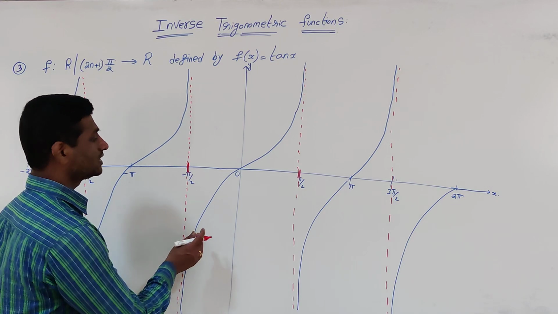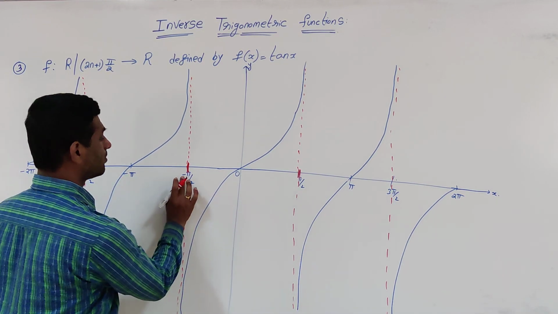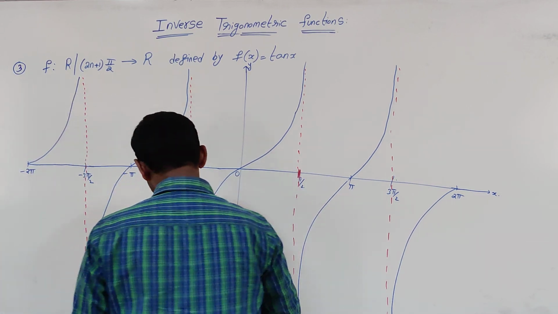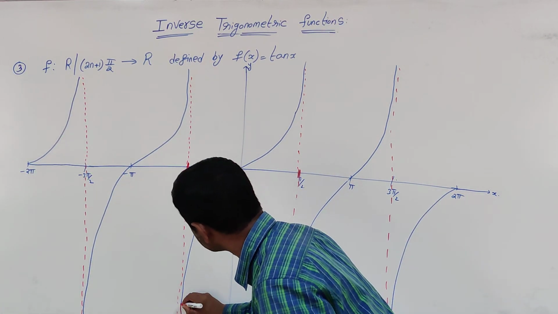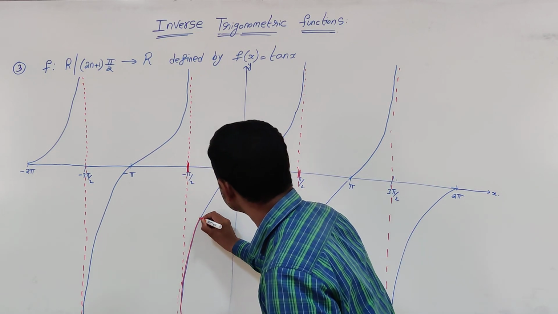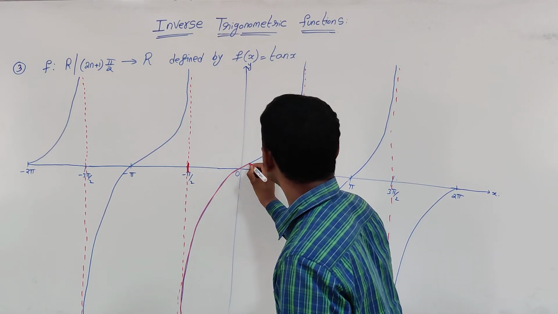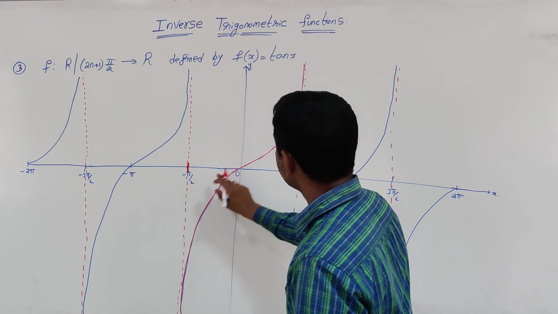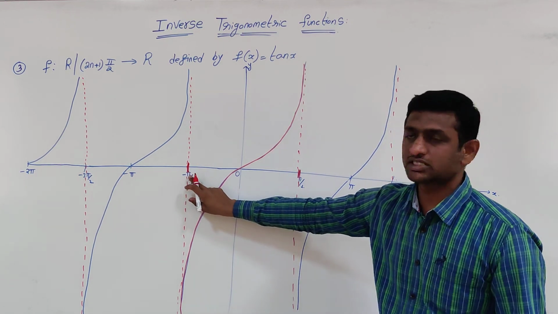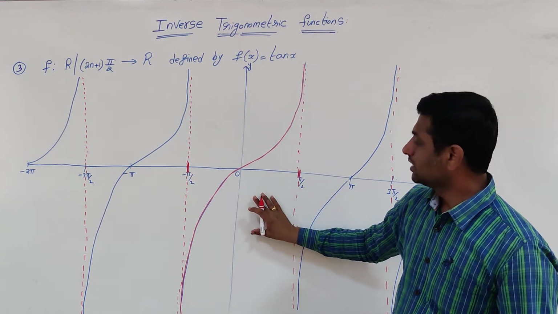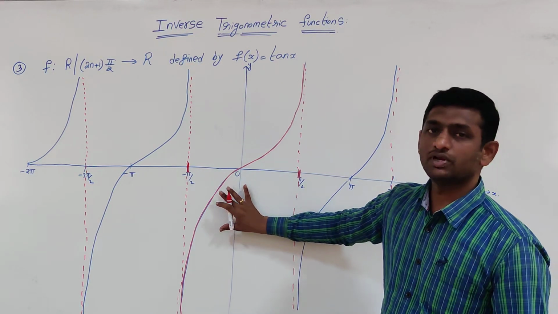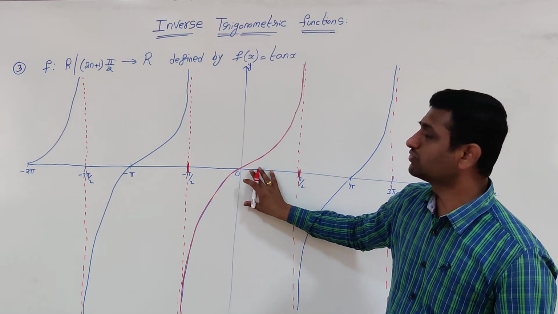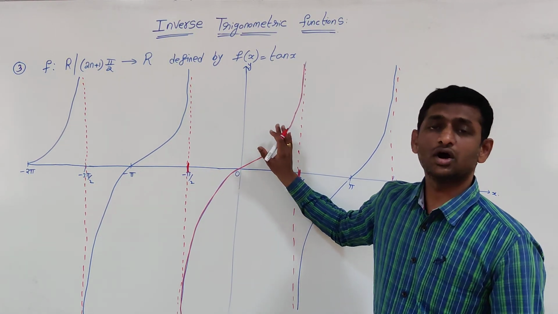Means we restrict the entire domain to the open interval minus pi by 2 comma pi by 2, because the endpoints are not included. If you observe this, this is our restricted domain. If we consider the domain as the open interval minus pi by 2 to pi by 2, then this tan function will be bijective because distinct elements of the domain will have distinct outputs.